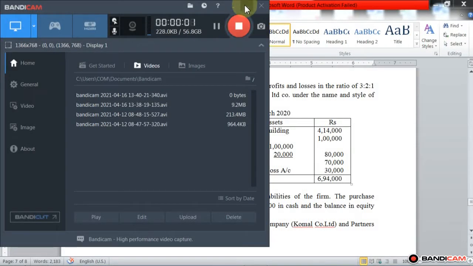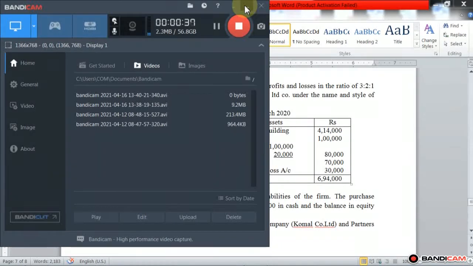Hello students, in our previous lecture we started to study unit number 3, that is conversion of partnership firm into limited company. We already discussed the meaning of partnership firm, then conversion of partnership firm, then sale and conversion of partnership firm, then accounting entries in the books of partnership firm, then computation of purchase consideration, then we studied accounting treatment in the books of purchasing company, that is new company.